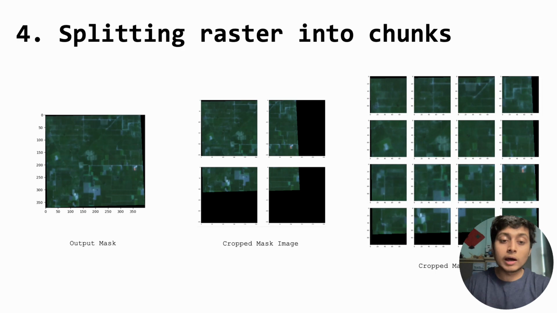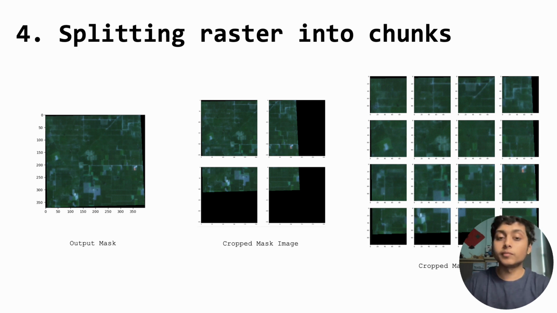Now since our model is not able to take things other than 256 by 256 pixels, we split that region of interest into smaller chunks of 256 by 256 pixels.